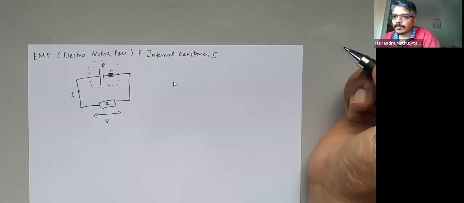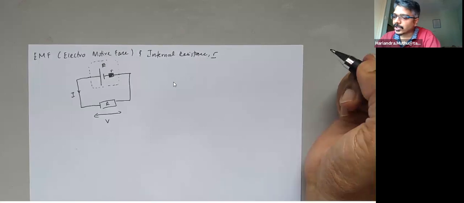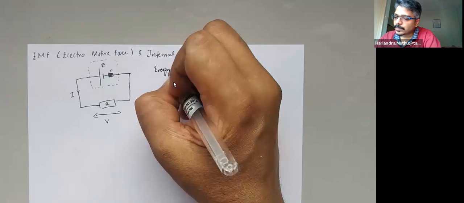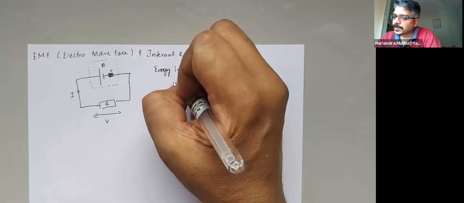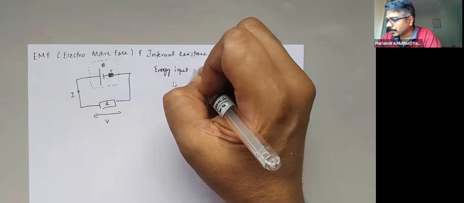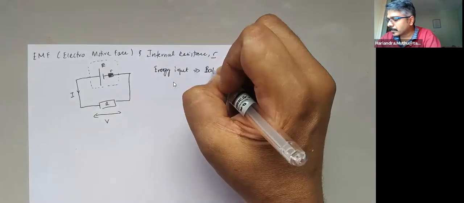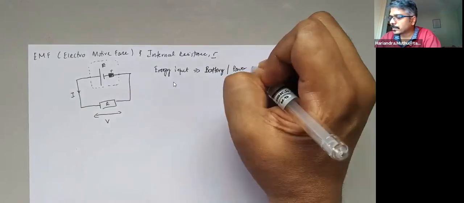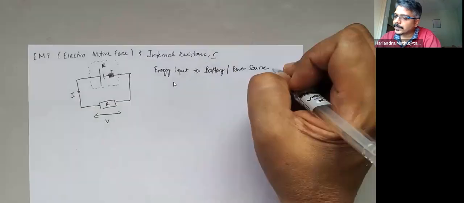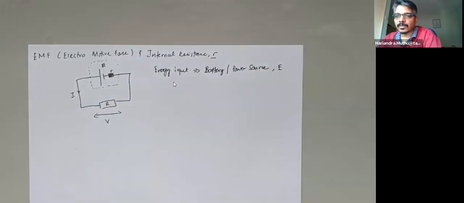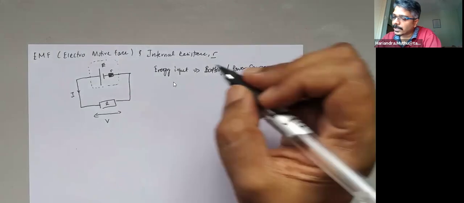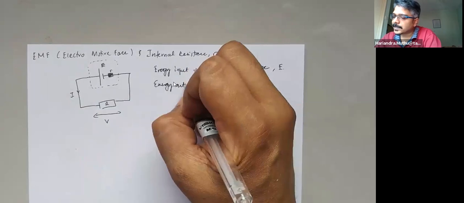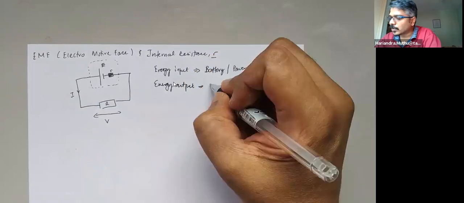The concept of EMF is basically that you have energy input, which is by the battery or the power source. In this case it is E, which stands for EMF, and then you have the energy output, which in this case is through the resistor.